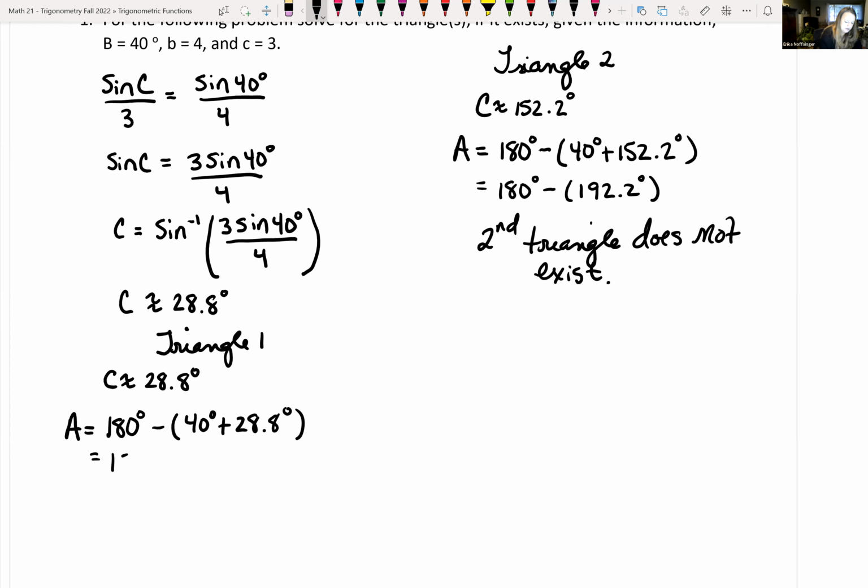So we're looking at 180 degrees minus 68.8 degrees. 180 minus the 68.8 gives us back 111.2 degrees.